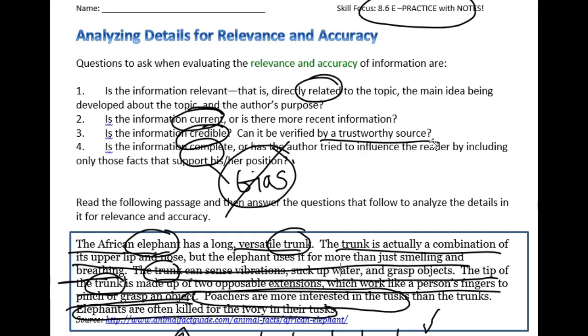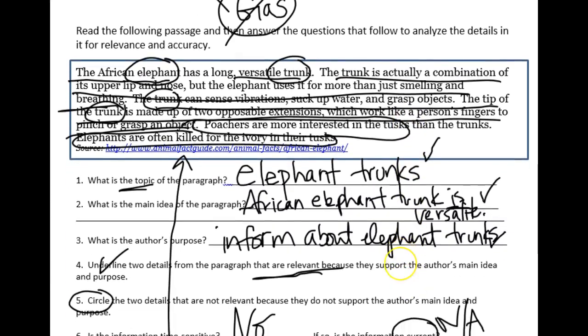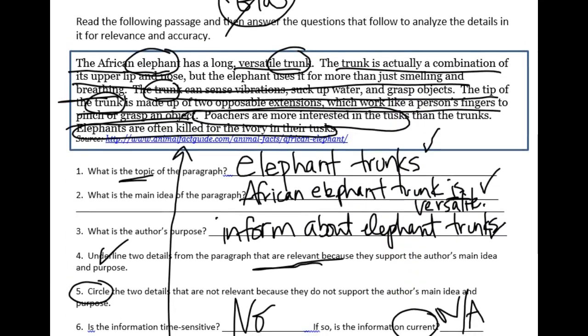Is it to tell us something really clear or maybe be a little underhanded? And this one looks pretty okay, except these two sentences are completely irrelevant to the trunks. So you want to take out any information that's irrelevant.